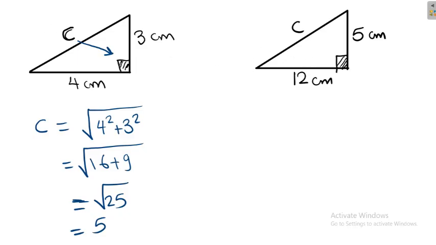How can we get C? If C is opposite to the right angle, it's the biggest side. If it is one of the sides including the right angle, it is one of the smalls. So it is opposite to the right angle, so it is the biggest one. How can we get the biggest one? C equals the square root of the sum of the squares of the two other sides.